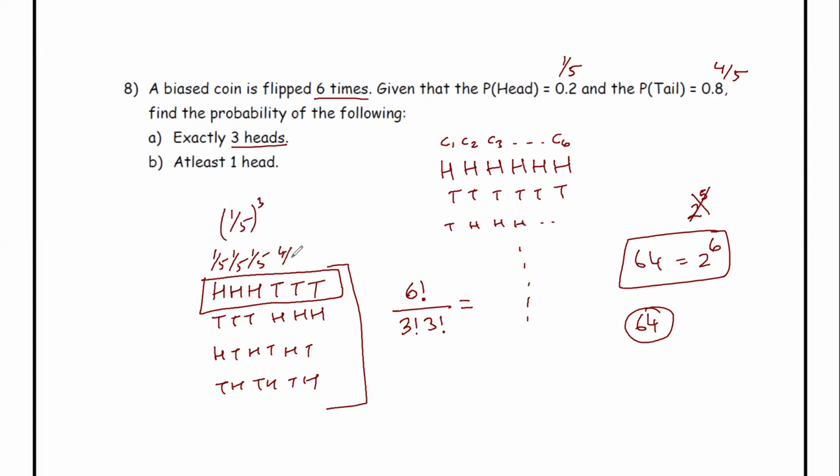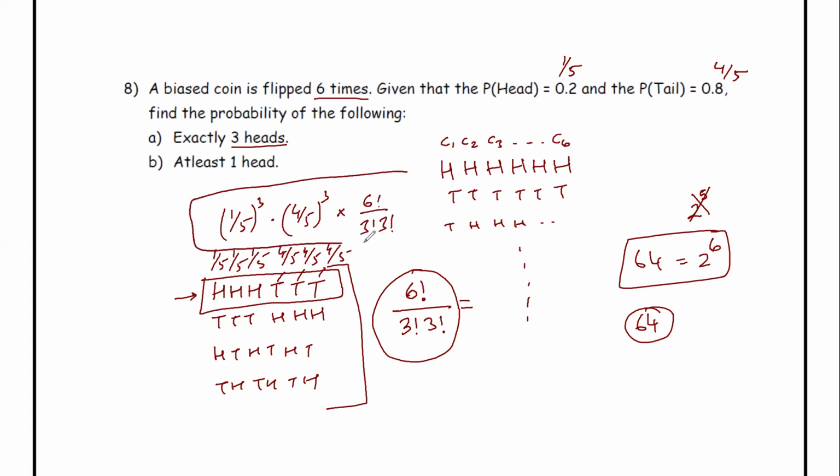Similarly, you have 4 by 5, 4 by 5, and 4 by 5 for the tails, the probability of tail, so 4 by 5 cubed. You multiply that, and this is for one such arrangement. Now, how many such arrangements are there? That many. So multiply it with 6 factorial divided by 3 factorial and 3 factorial, and that's your answer. Got it?